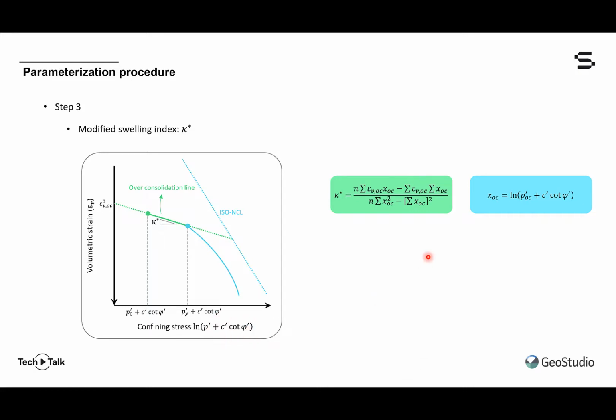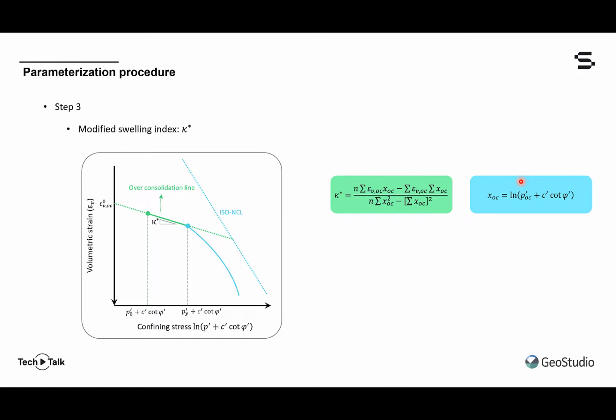And you'll see in this formula another term, lowercase x subscript OC for overconsolidation. It is in here that we need to lock into a specific value of mean effective stress at which that intercept is taken. That is normally 1 kilopascal, but it does not have to be.